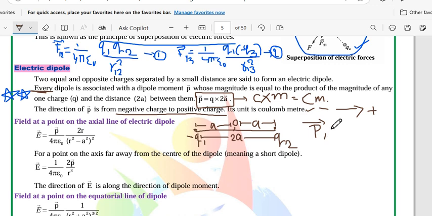Yes, dear students, the dimensional formula for electric dipole is M L T and A, with nothing above those dimensional formulas, so it will be like 1.